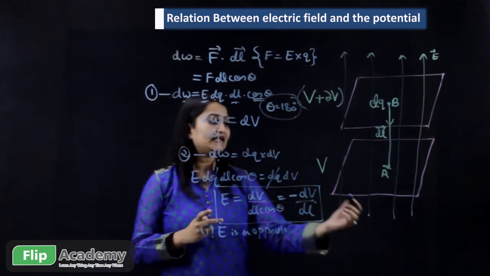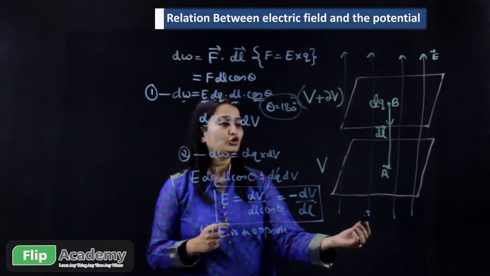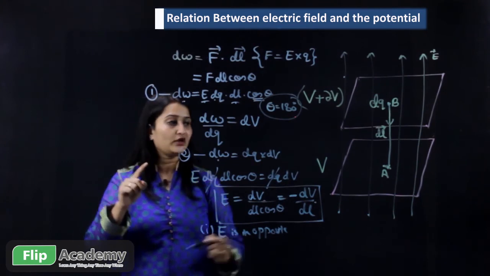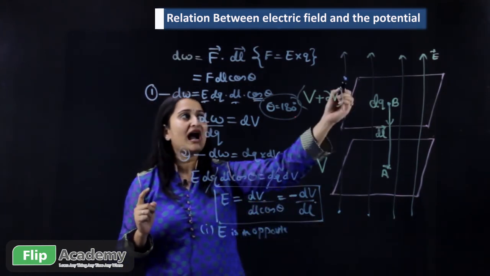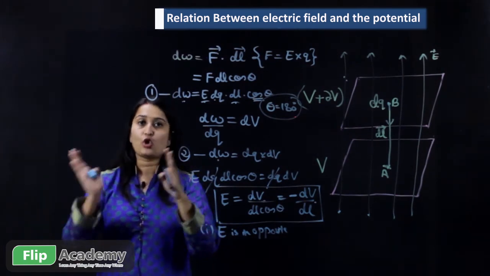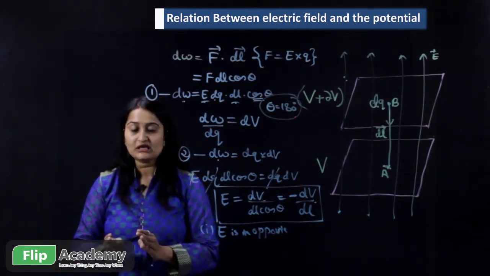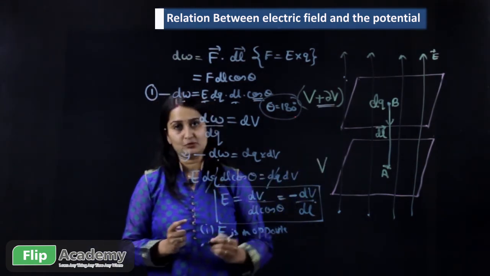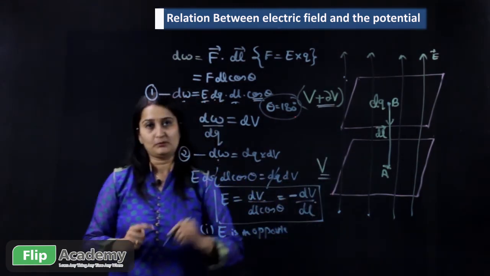Now just see here, the electric field is going from V to V plus dV. That is, it is going from lower potential to higher potential. But we know that charges always flow from higher potential towards lower potential. So this is higher potential and this is lower potential.